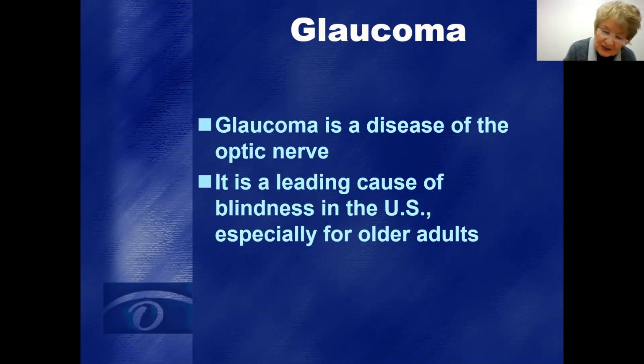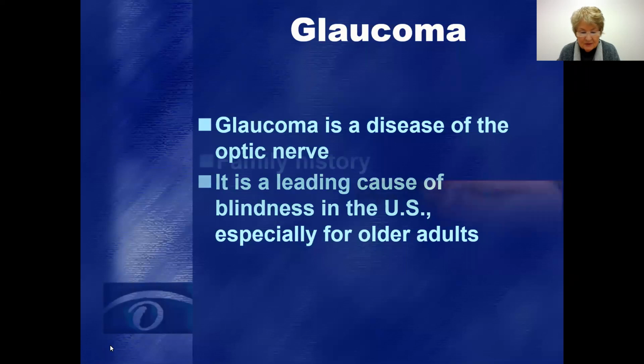And you could call it the silent thief of sight, because remember, with glaucoma, there's no pain with it until you would get to a really terrible end stage. So people can be walking around with glaucoma and they have no other symptoms, so we'll see what happens.